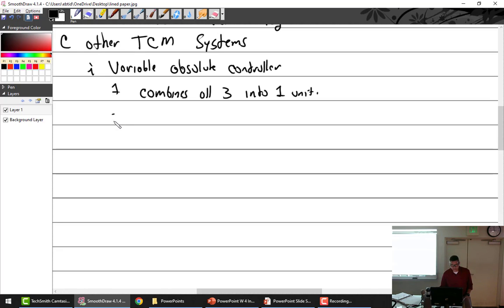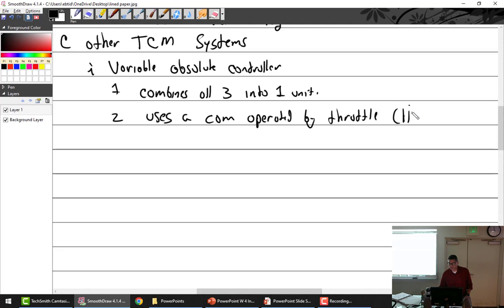Variable 1, 2 combines all 3. Uses a cam operated by throttle. Sound familiar? Yep. To vary spring pressure. Uses a cam operated by throttle.